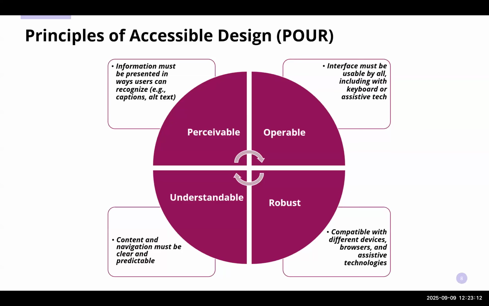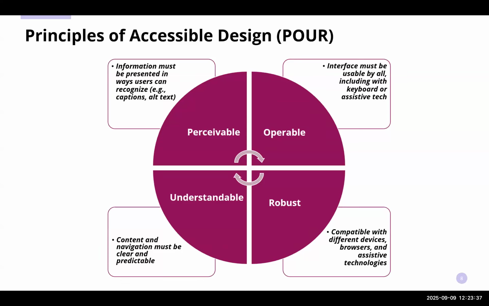If the content only works on one browser or fails when a screen reader tries to interpret it, it's not robust. The goal is to make sure that the materials are compatible across platforms and assistive technologies, along with future tools.